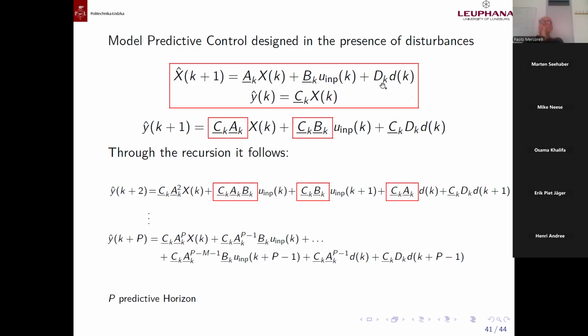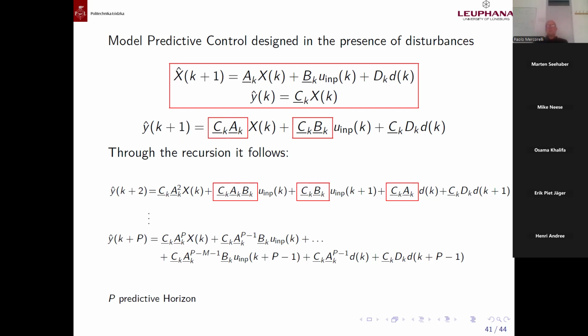D of k is the map of the input, which is an accessible input because it's a disturbance. It's like B, no? It's like B in the simulation, which we can understand very well, what I intend.